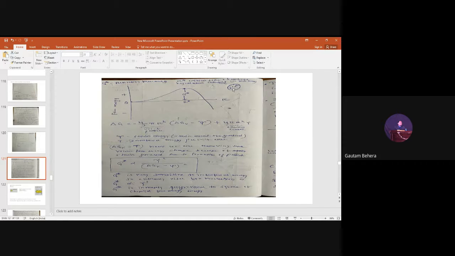A nucleus will form from a matrix. Can anybody remember what this is showing? Just look at this image and tell me. This is the free energy axis, and this is the radius of the precipitate which is forming. Suppose this is the radius of the precipitate which is forming, and this is the matrix phase. Just try to figure it out.